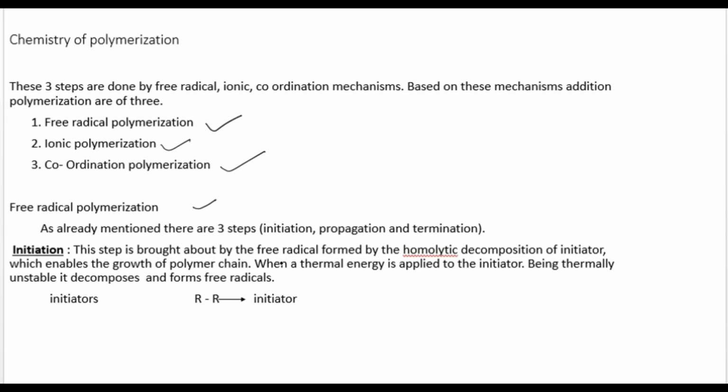This free radical will enable the polymer chain growth, that is initiation of the chain growth. Examples of initiators are azo compounds, peracids, peroxides and so on.